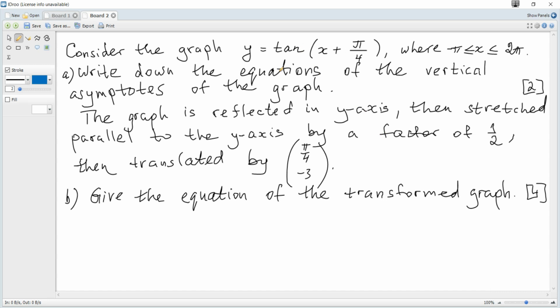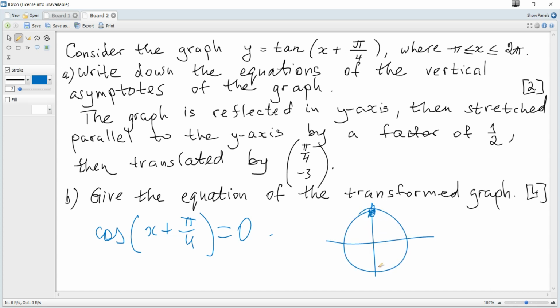Division by 0 can only arise if cosine of x plus pi over 4 is equal to 0. And where cosine is 0, it's this point or this point on the unit circle. How to write the general solution?